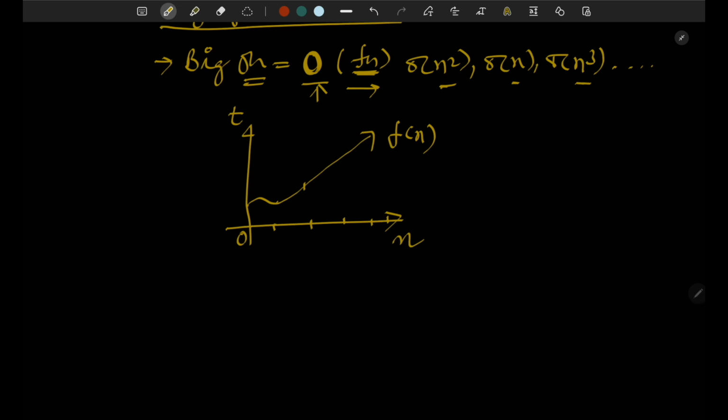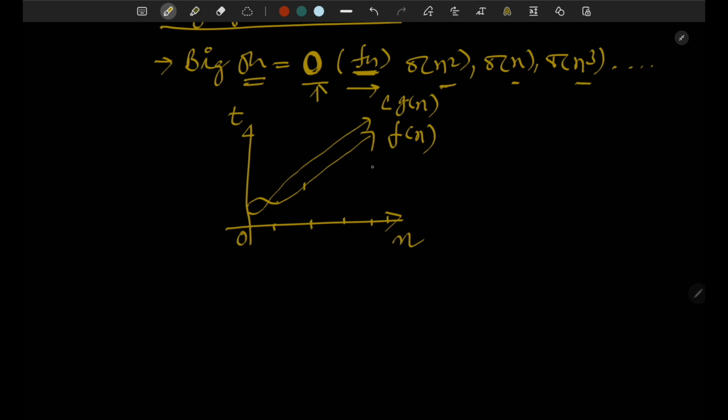So this is the graph that we have, and let's say this is represented by a function f(n). And at the same time we have another graph which is like this, and this is called c of g(n). So essentially this graph is represented by c of g(n).